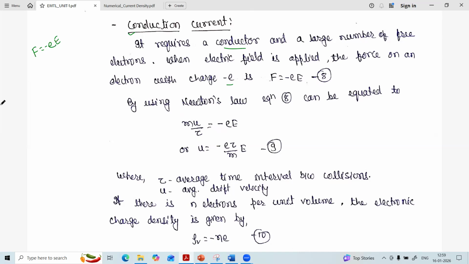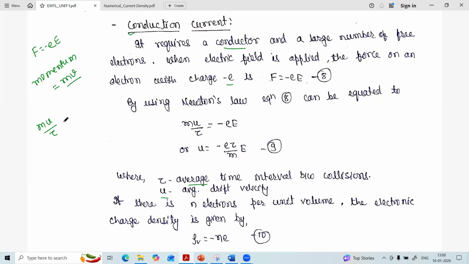Momentum, in general, we write as mass into velocity. That velocity we are considering here as a small u. So the rate of change of momentum is m u by tau. Tau is the average time interval between collisions, and u is the average drift velocity here.